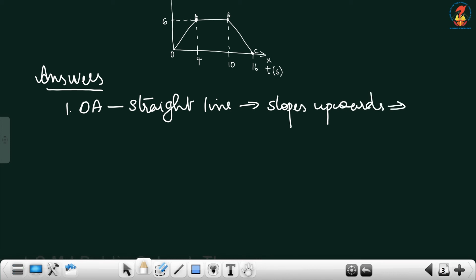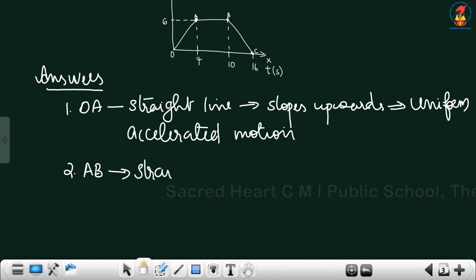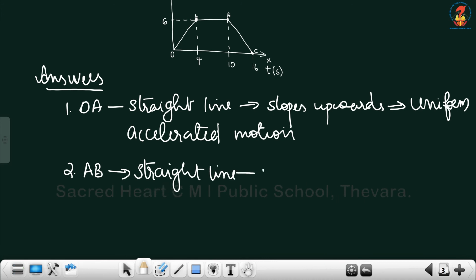So, uniform accelerated motion. Then AB straight line, parallel to the time axis.